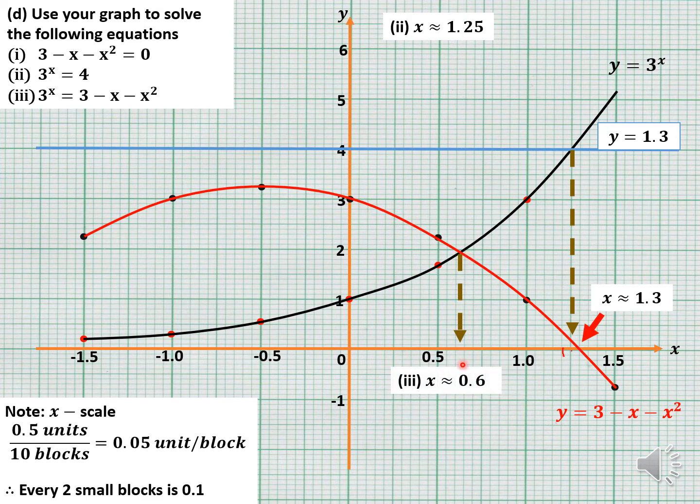Then we read off that particular x value, and that is about 0.6, and that is how you solve this equation. You do not solve them graphically by using algebra, but by using the information in your graph. The more points you have, the smoother your curve, the more accurate your answers become.